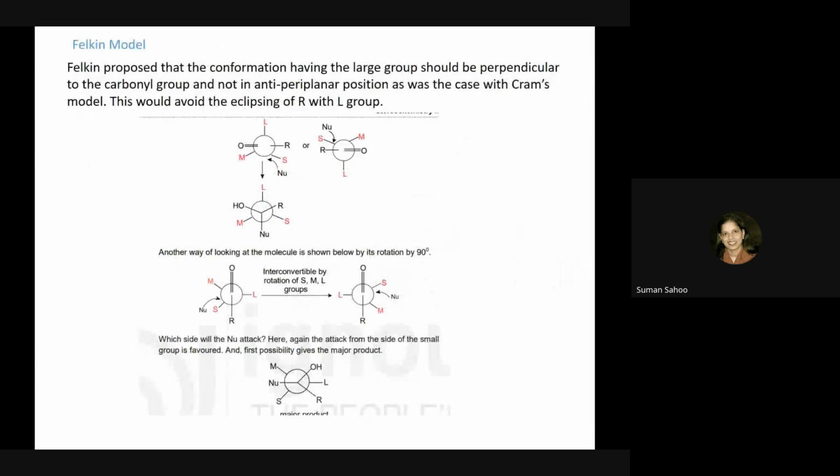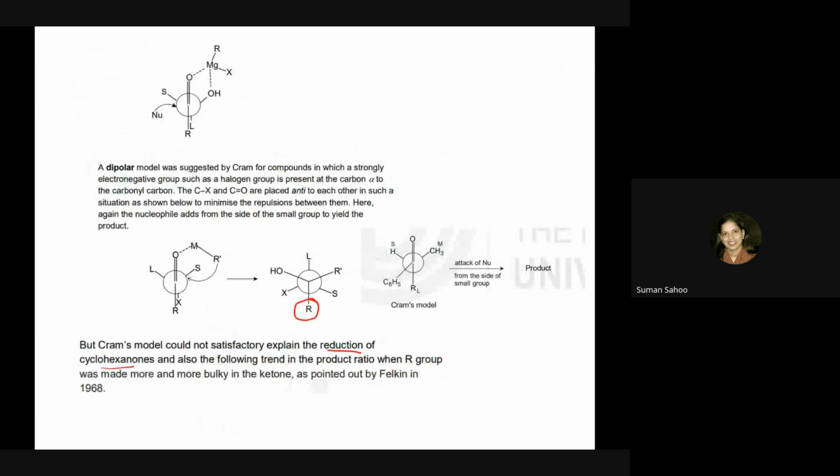explained better. So then came the Felkin model, where he proposed something about the conformations. You can see that in Cram's model, it was given in an eclipsed conformation, where the R group attached to the carbonyl carbon and the large group are eclipsed.